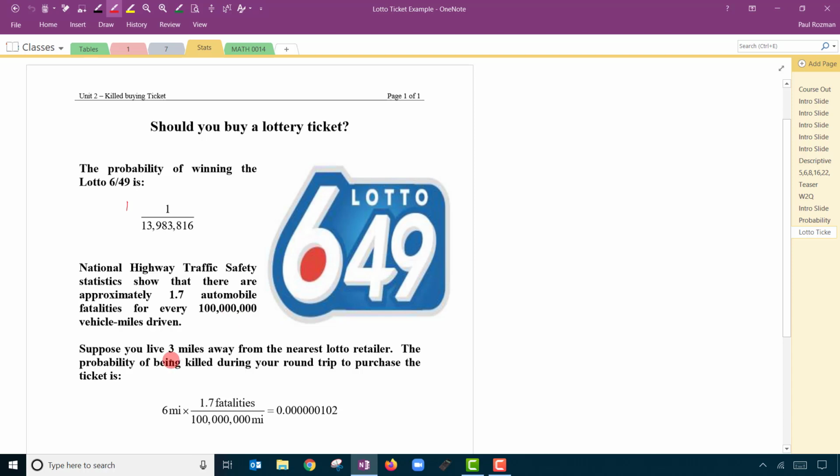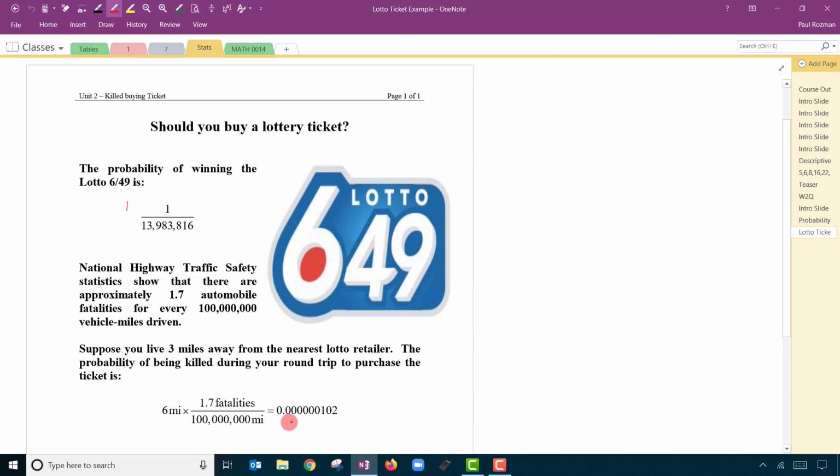I clocked it, the distance from my house to 7-Eleven was 3 miles. Yeah, I'm American, so I went with miles. So a round trip for me to get a lottery ticket is 6 miles. So I take my 6-mile travel distance and I multiply it by that rate of death, 1.7 fatalities per 100 million miles driven.